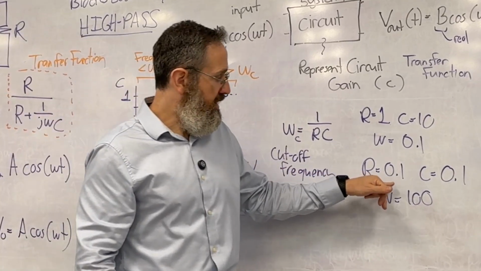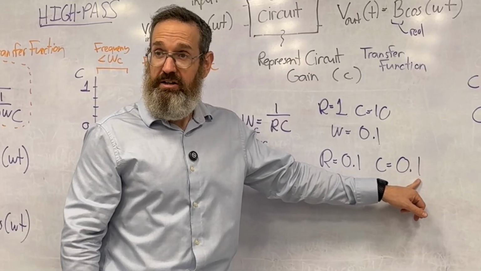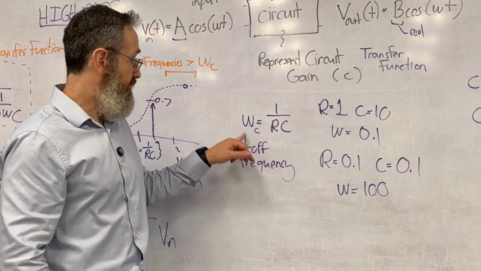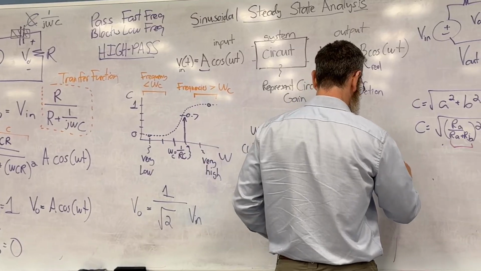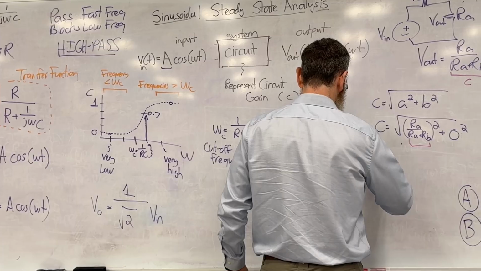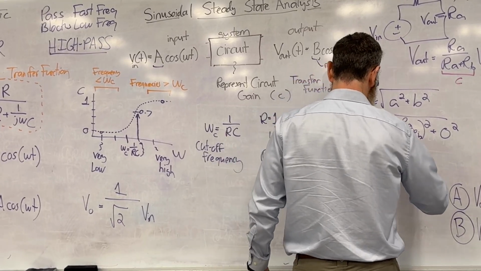If I'd built a circuit with a resistance of 0.1 ohm and a capacitance of 0.1 farad, then in this case, the cutoff is 1 over RC, and that's equal to 100.